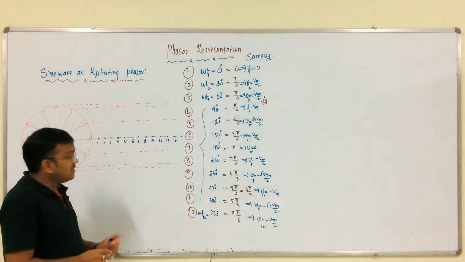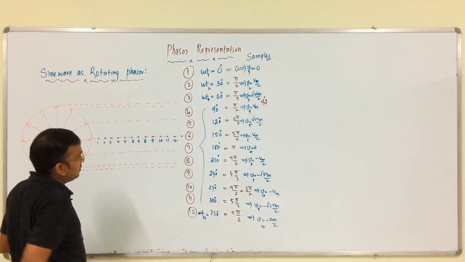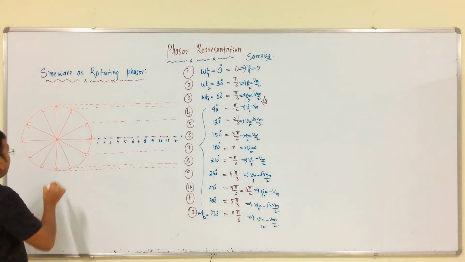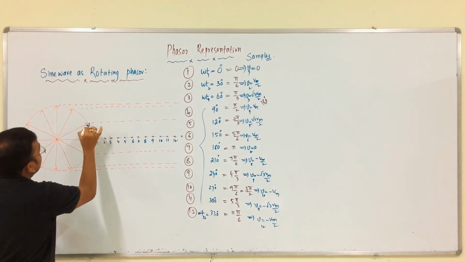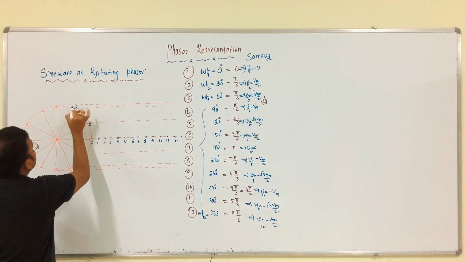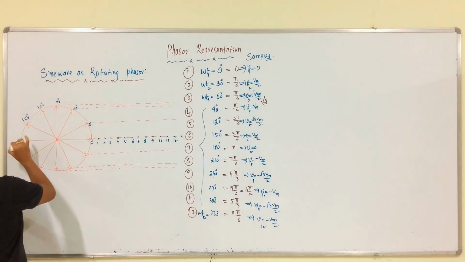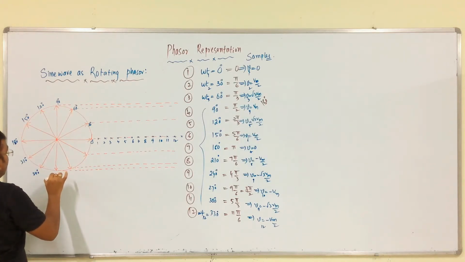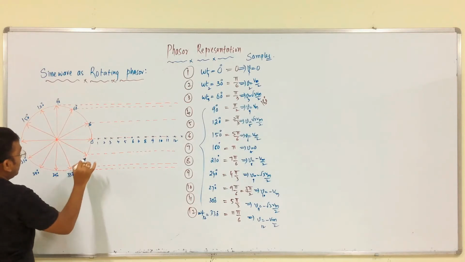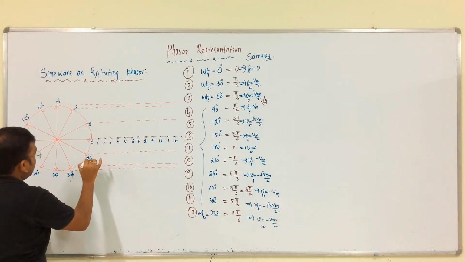Now, let us analyze this concept. So, this is the first sample and this is the 12th sample, right. So, this is 0 degrees, this is 30, 60, 90, 120, 150, 180, 210, 240, 270, 300, 330.